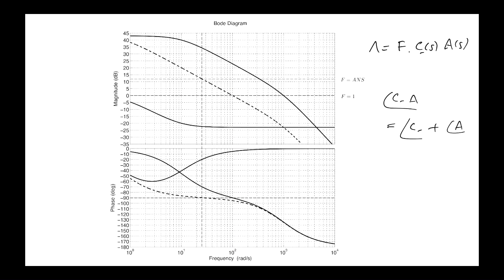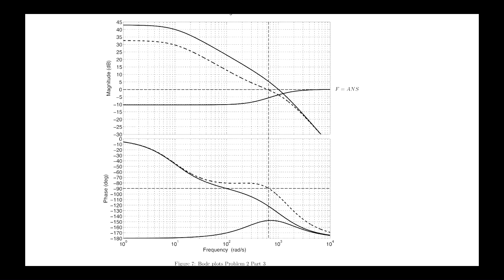But the point here is that the lag compensator always pushes the phase of the open loop plant transfer function closer to minus 180, or further down. Whereas a lead compensator does the opposite thing.